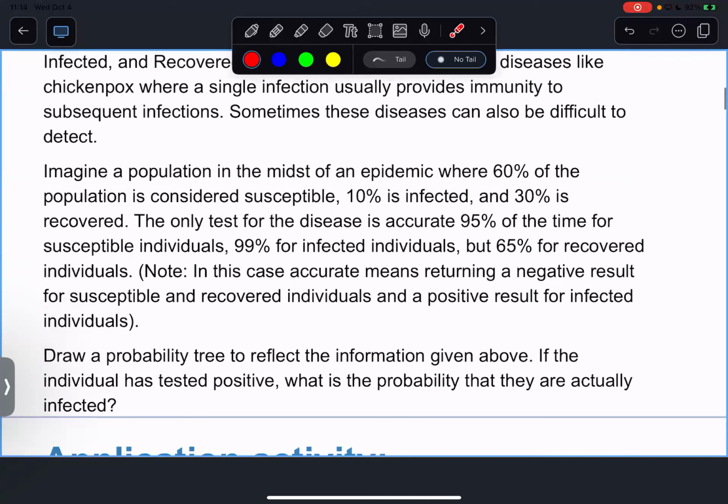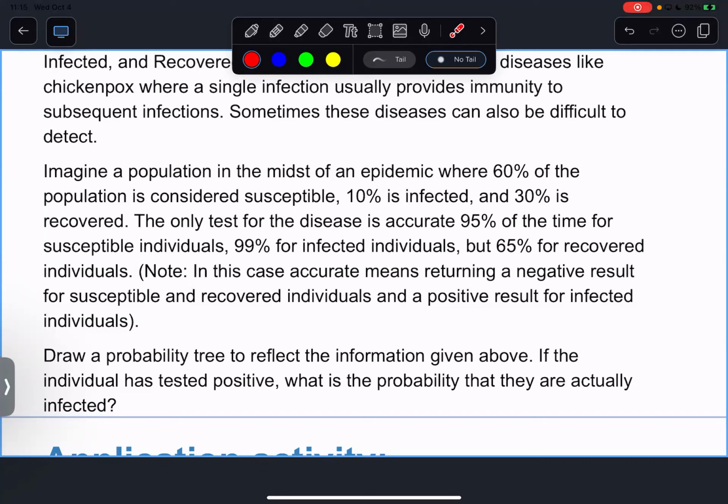And then we're given all these probabilities, right? So imagine a population in the midst of an epidemic where 60% of the population is considered susceptible, 10% is infected, and 30% is recovered. Right? Split the population into those 3 categories. Okay.